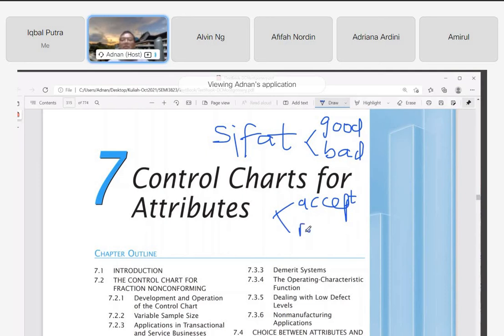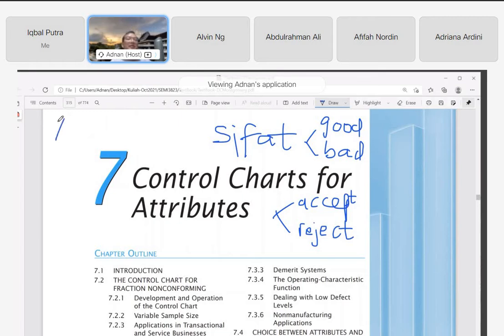So there is no need to have expensive equipment to measure. Normally, some organizations use the attribute control chart before the variable control chart. So this could be a good starting.